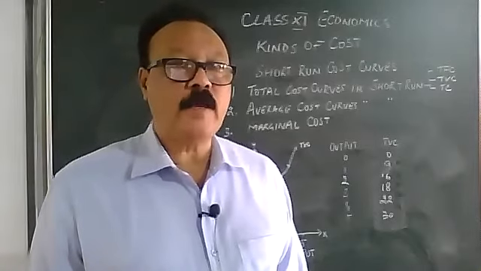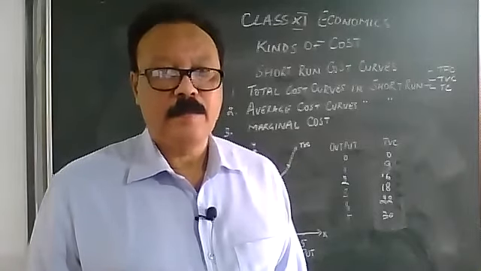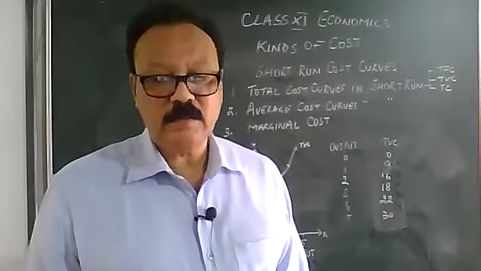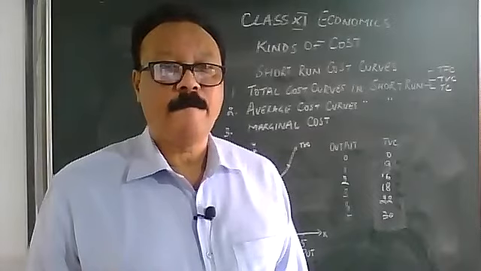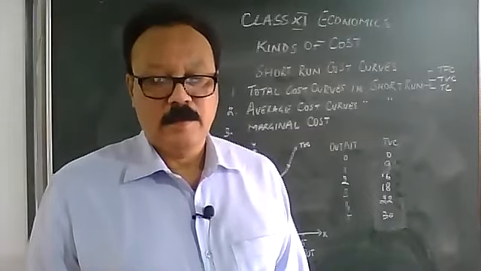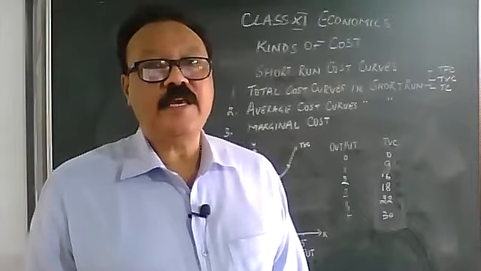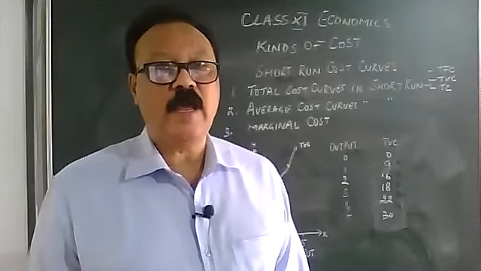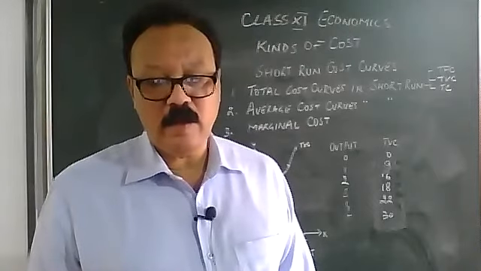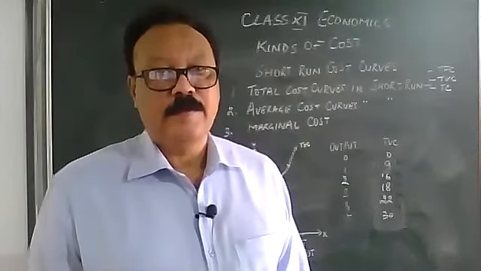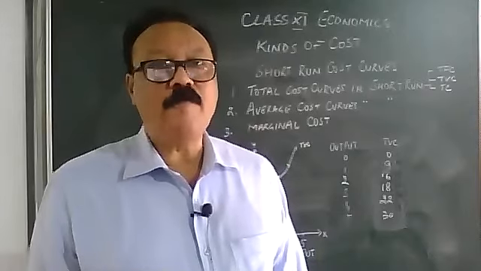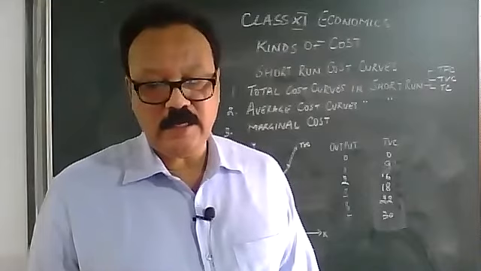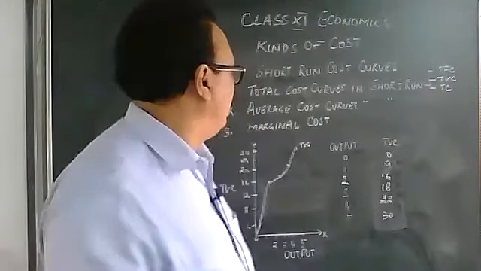In the short run, TC comprises TFC and TVC, that is total fixed cost and total variable cost. It is the sum of TFC and TVC.